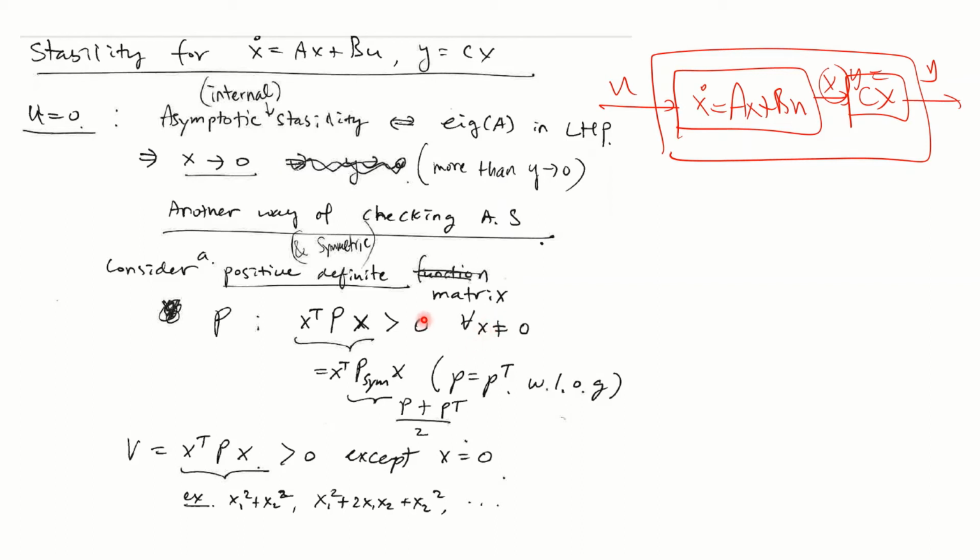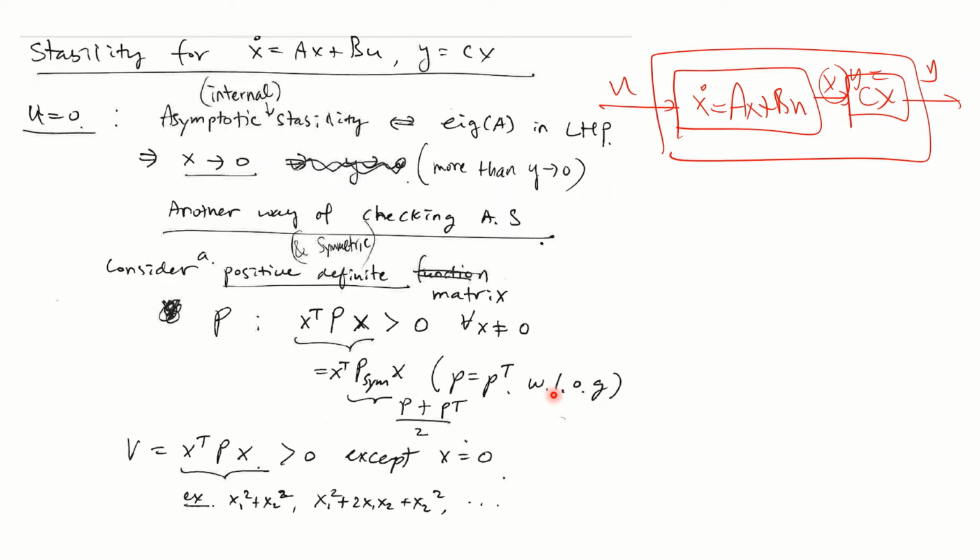And normally this P is assumed to be symmetric as well, because x transpose P x is the same as x transpose times the symmetric part of P times x. So we often assume that P equals P transpose, which means P is symmetric.